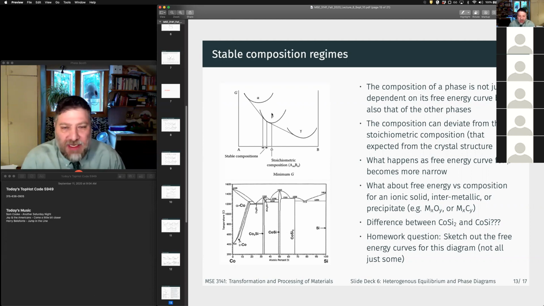Now, what happens if we consider this curve here, and we have 3 phases, alpha, beta, and gamma? What happens as this approximate parabola that defines beta gets narrower? Instead of this wide curve, we have a really, really narrow one. What happens to the tangent then?